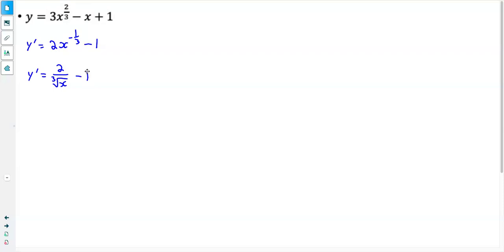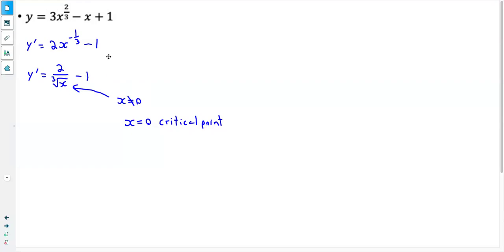Now this one's going to be a bit harder than the previous one to find critical points, but right away from looking at this, we know that x cannot equal 0 because we cannot divide by 0. So this right away tells us x equals 0 is a critical point. Now, because this one was defined by x cannot equal a value, this would be something like an asymptote.